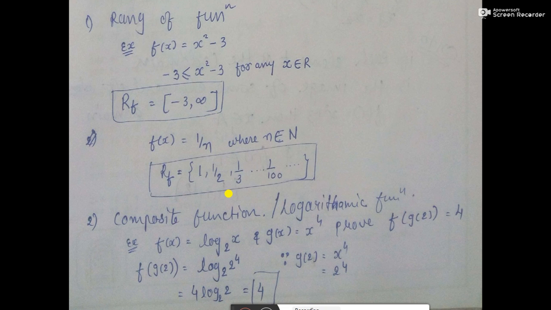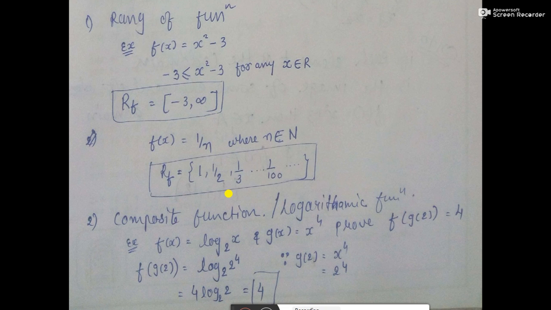minus 3 to infinity. How is this found? We will find this by placing values from 0 to infinity. If you put 0, then x square will be 0. So x square minus 3, 0 minus 3, will become minus 3. So the starting will be minus 3 and your answer will go up to infinity. Why are you placing values from 0 to infinity?